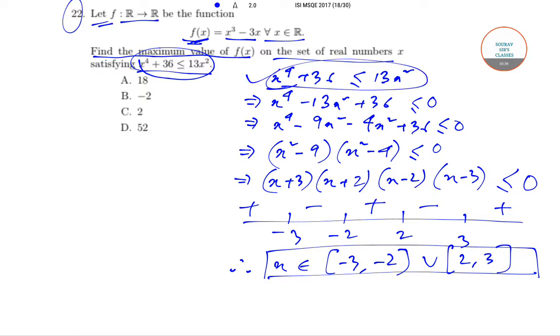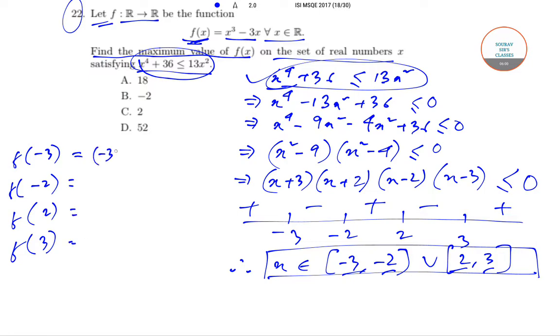Okay, so we'll find out the values of f(x) at these extreme values. So we'll find out f(-3), f(-2), f(2) and f(3). Now f(-3) is given by (-3)^3 - 3 times (-3).